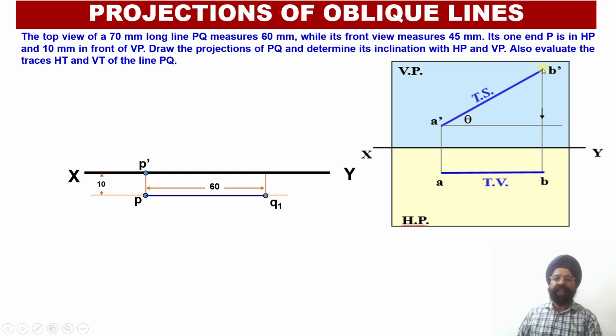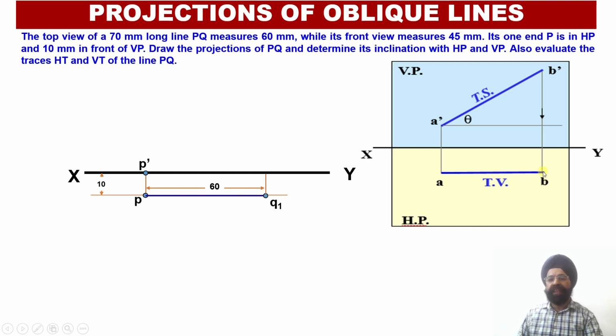So if this point is Q1 dash in the front view true length, the point available with me over here will be named Q1. Now I have been able to mark the apparent length in plan which is parallel to the vertical plane.